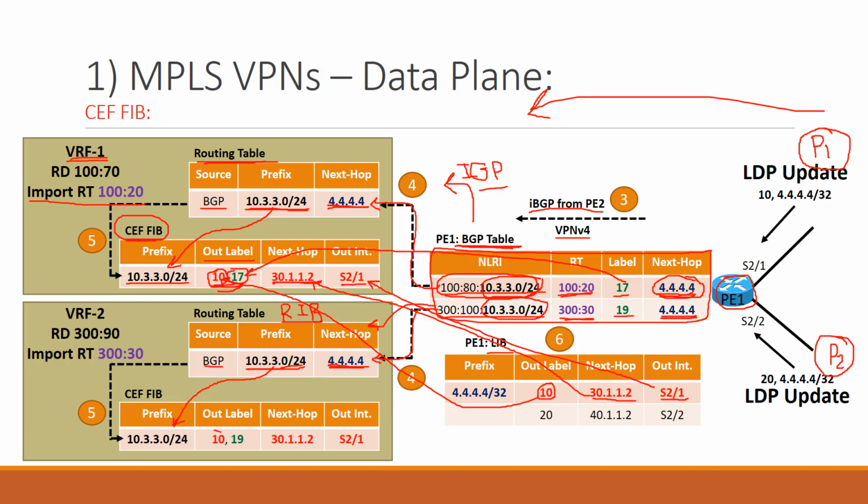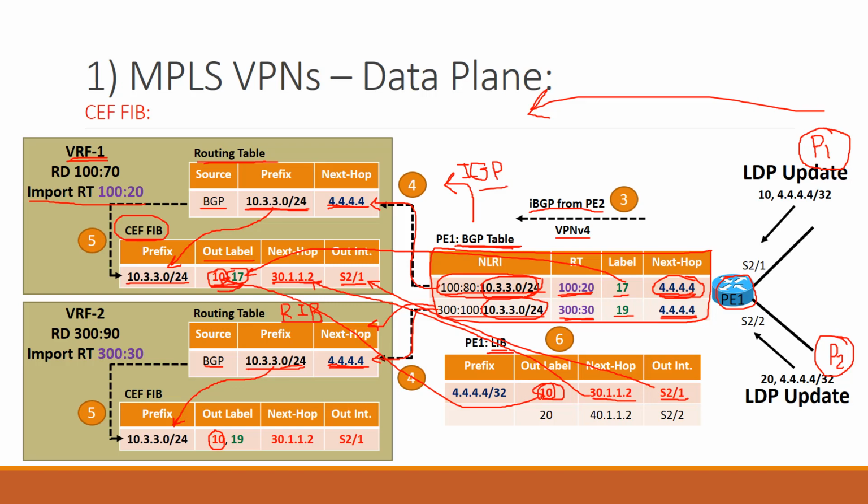The out label comes from the label information base, because as you know, the label information base feeds the MPLS label forwarding information base and the CEF forwarding information base.